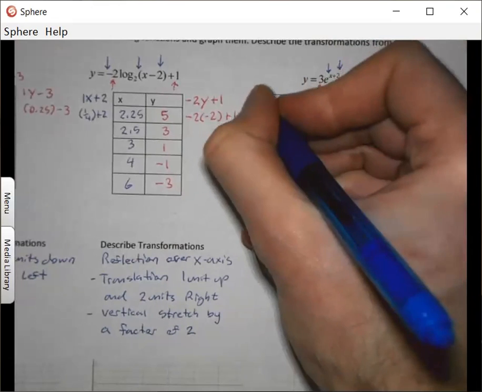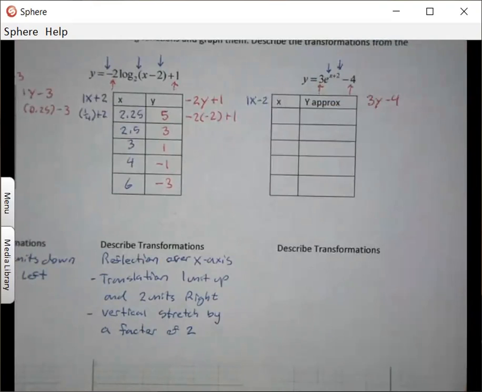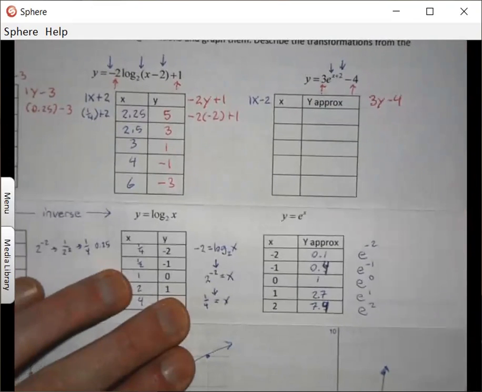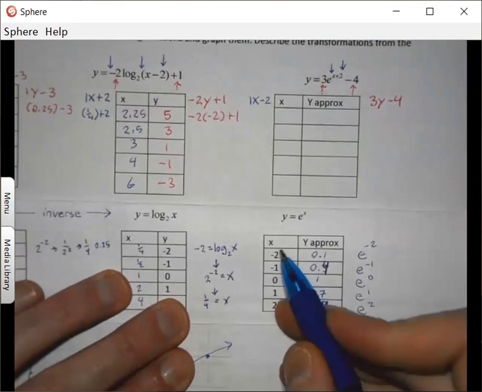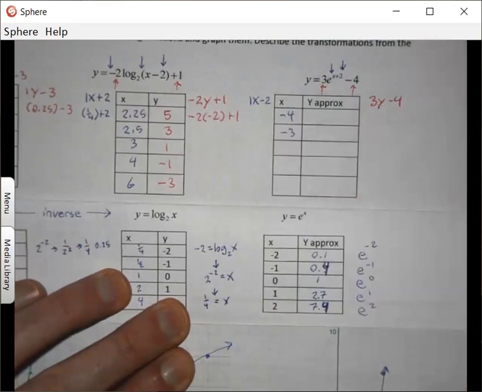So we're going to have 1x minus 2. Right, so for our x values, minus 2 minus 2, minus 1 minus 2, 0 minus 2, 1 minus 2, and 2 minus 2.